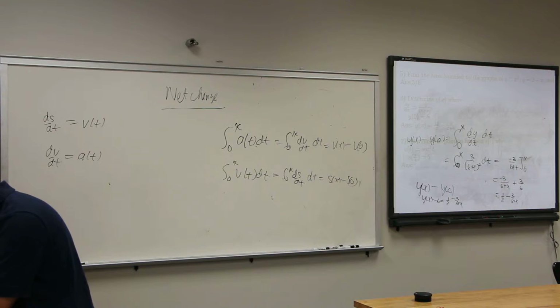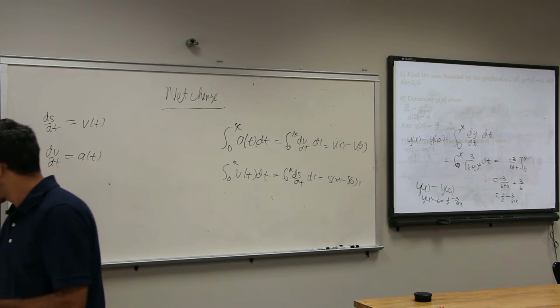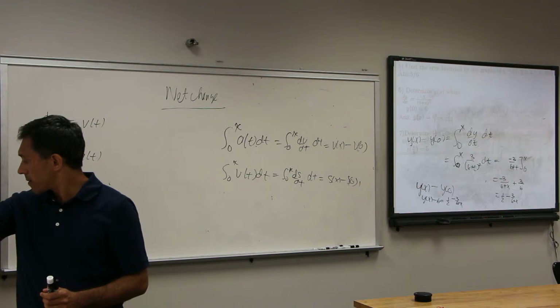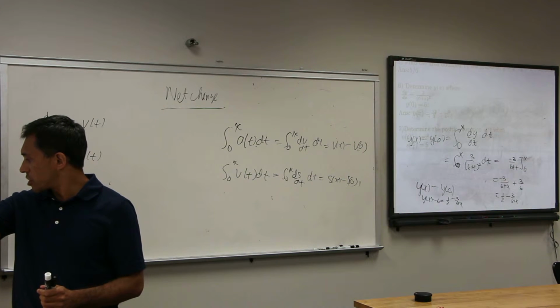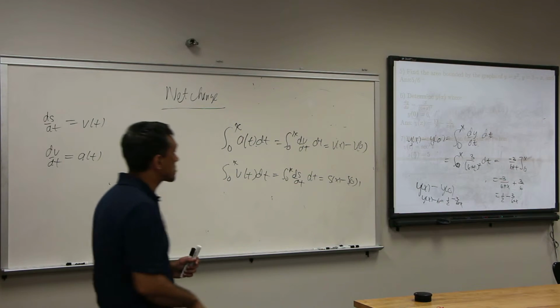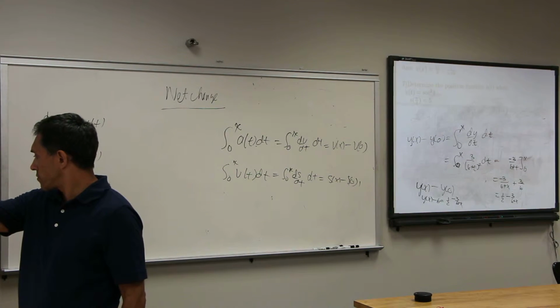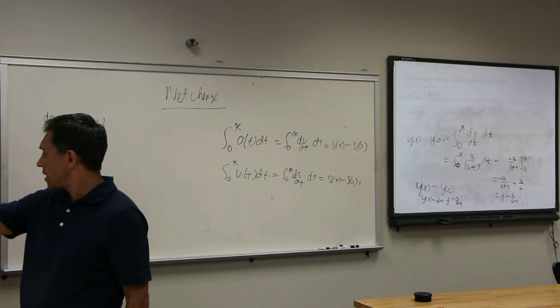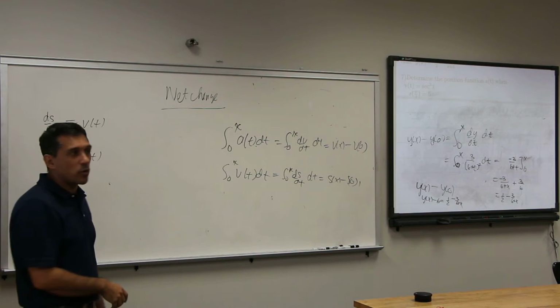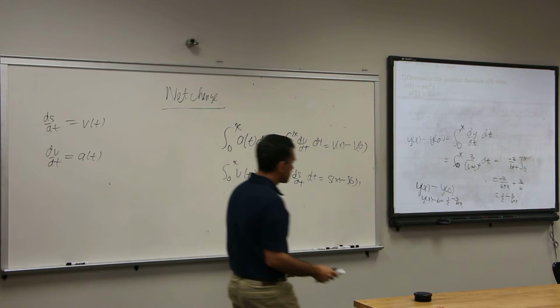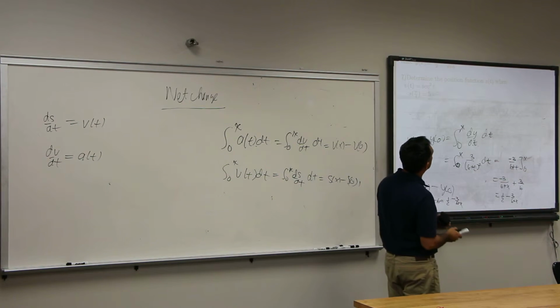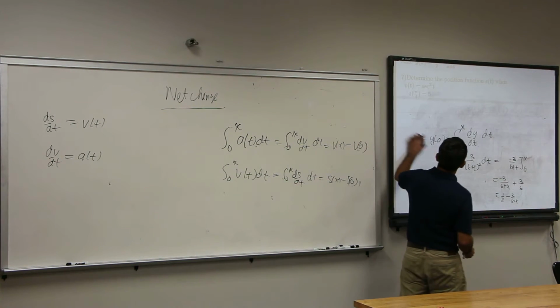You try this one. Determine the position function. The velocity is secant squared, and the position at pi by 4 is 5. Find the position function.